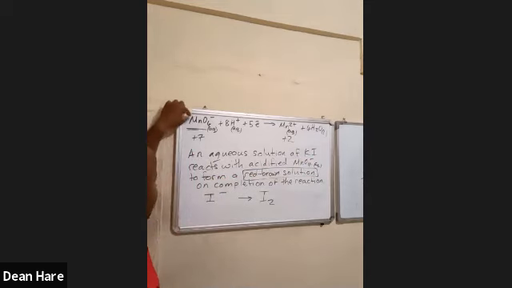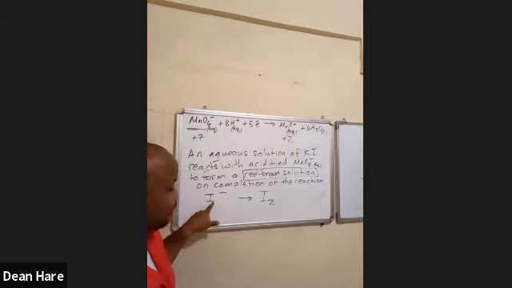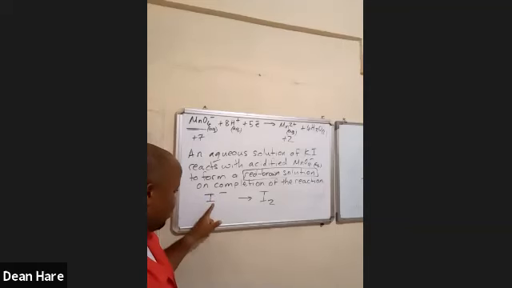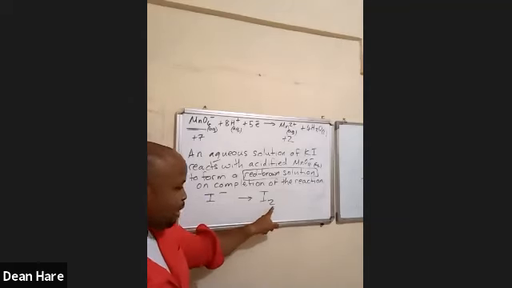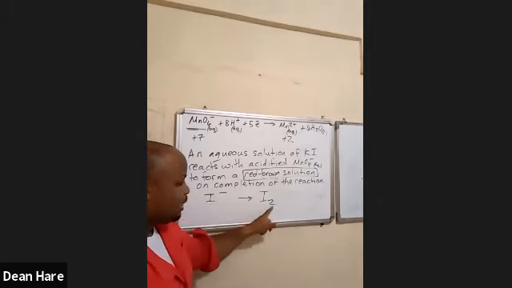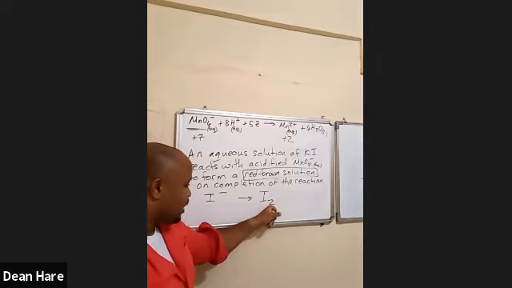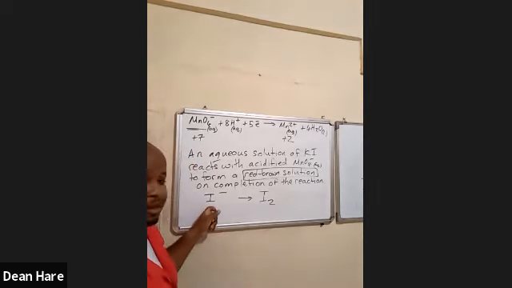It is the iodide ion that is taking part in the reaction. If this is your oxidizing agent, that means this is your reducing agent, which means that this must be oxidized. It goes from the ion to the molecule, from iodide ion to iodine. If it was being reduced, it would go from I2 to the ion.